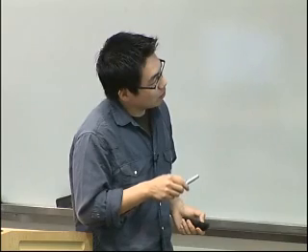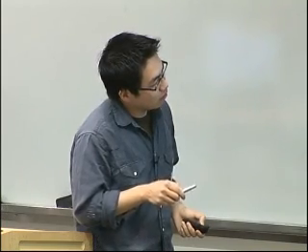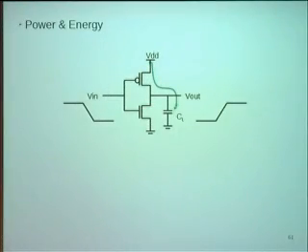That's what we learned in the first class for digital circuit design. And for the power, when the input goes from high to low, the output goes from low to high, and that's when you charge the capacitor here. And when it goes from low to high, you discharge it. So when you charge or discharge the capacitor, that's where the power is consumed.